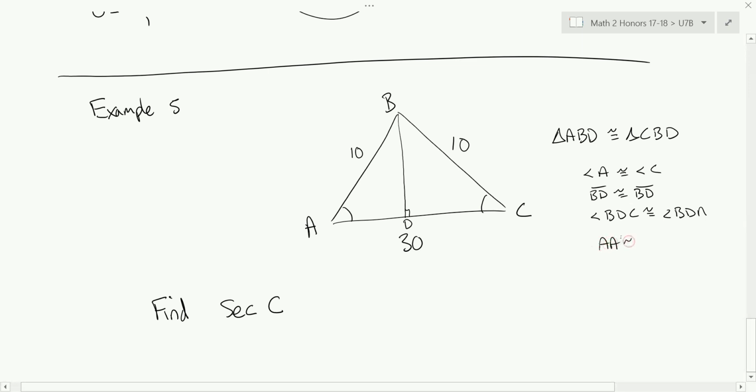Because the two triangles are congruent, we could say AD is congruent to DC by CPCTC. So what are those side lengths? 15. Okay. So how is the hypotenuse 10?